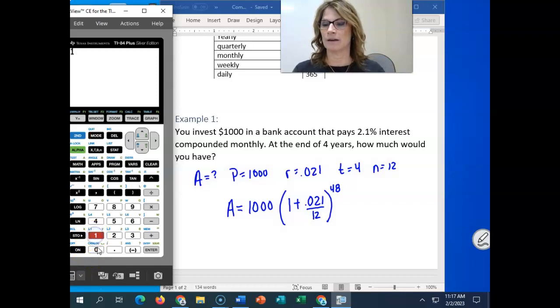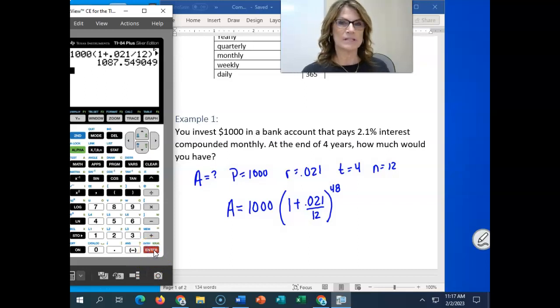Okay, so I'm going to give that a go. 1,000 times parentheses 1 plus the 0.021 over 12. Your calculator knows the order of operation, so it knows to divide that and then add the 1. Then it's going to raise it to the 48th power, get that answer, and multiply it by 1,000.